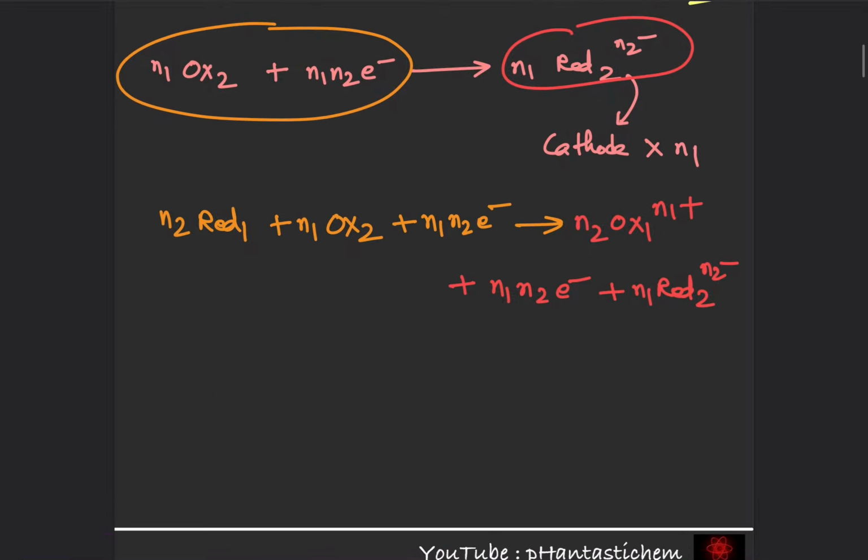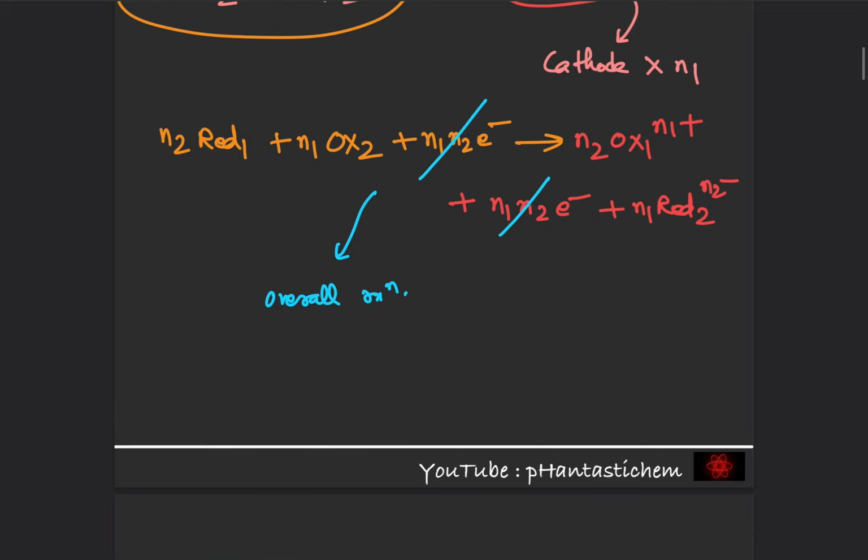So you can see n1 n2 electrons and n1 n2 electrons get cancelled. Therefore this is the overall reaction. So A and B are correct statements.